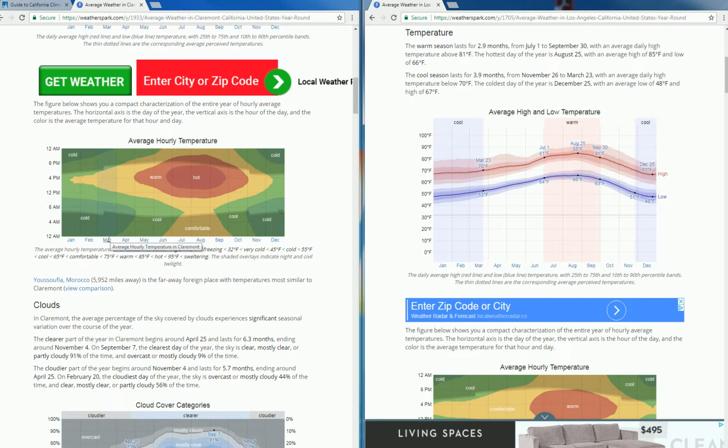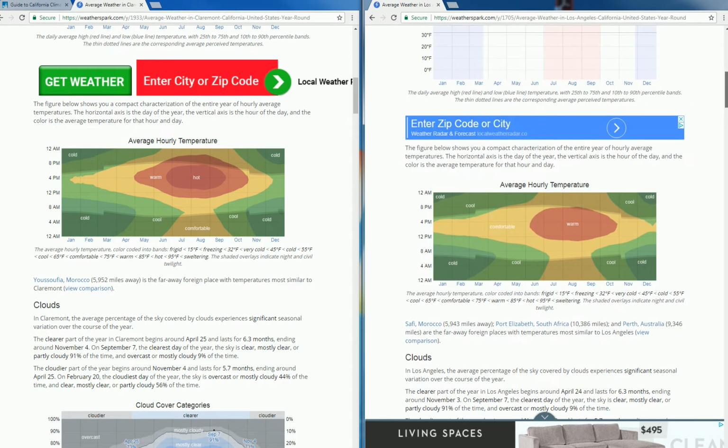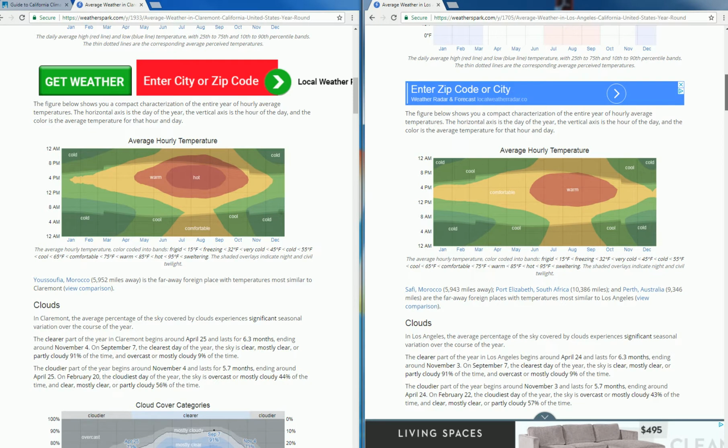But the majority of March, if you look at this bar right here, the majority of the time is not comfortable. So the orange band is the comfortable one. Again, this is just a different way of understanding the weather data. So again, we'll contrast that to downtown LA, and you can see there's a pretty big difference there.